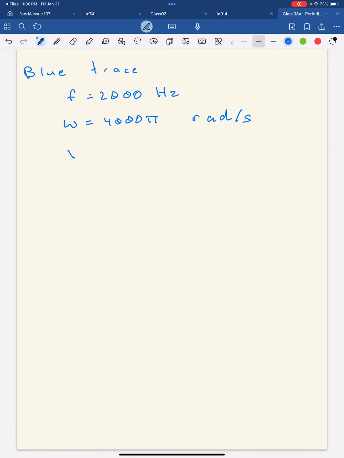So V naught is 3 volts, and phi equals, and I should stress, it's plus 0.4 pi because it was a phase shift to the left, earlier in time. So we write plus 0.4 pi radians. And overall, V of t blue equals 3 sine of 4,000 pi t plus 0.4 pi.